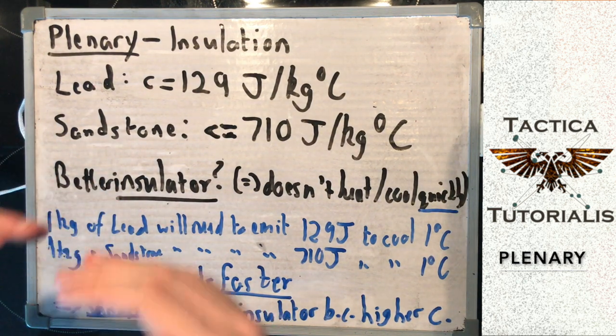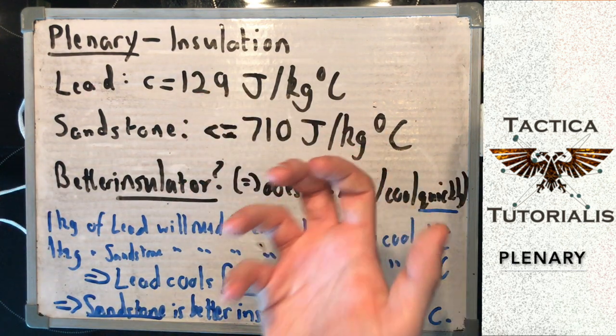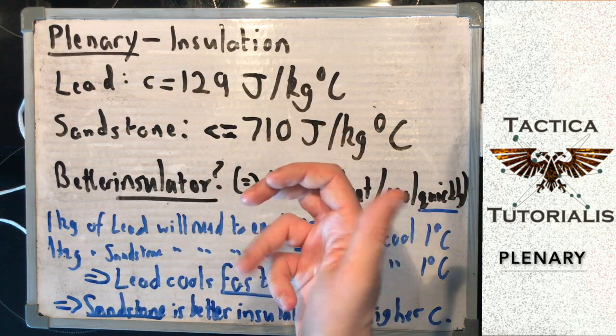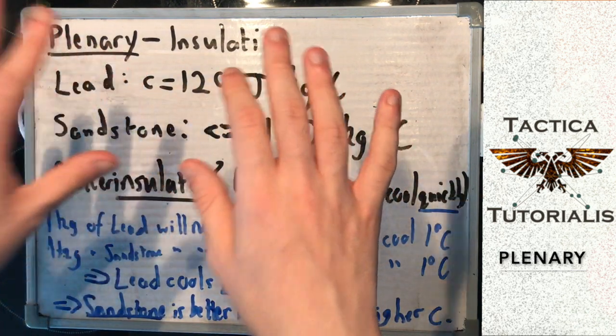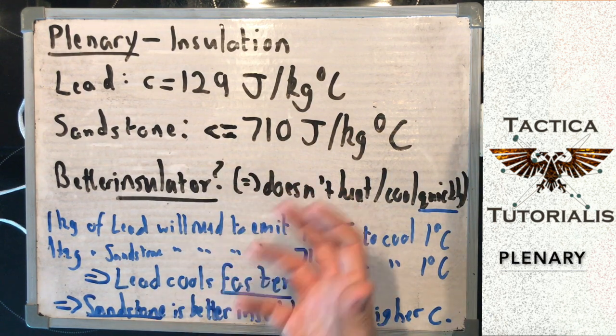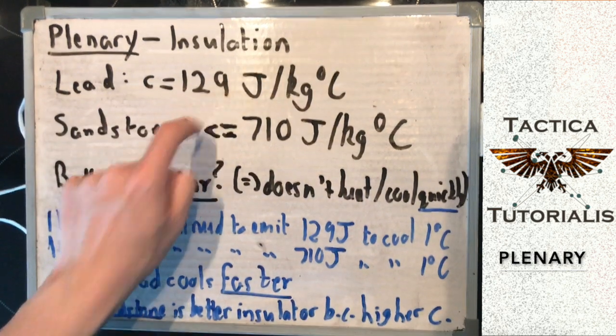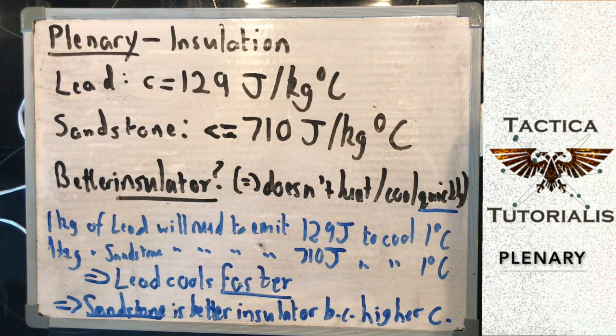And that also means when they're cooling down or emitting heat, the stone will take longer to cool down if they start at the same temperature because it has the higher specific heat capacity. Therefore, it is the better insulator. And the opposite to an insulator is a conductor. And you may already know that metals are very good at conducting heat. This is why they're low SHC.